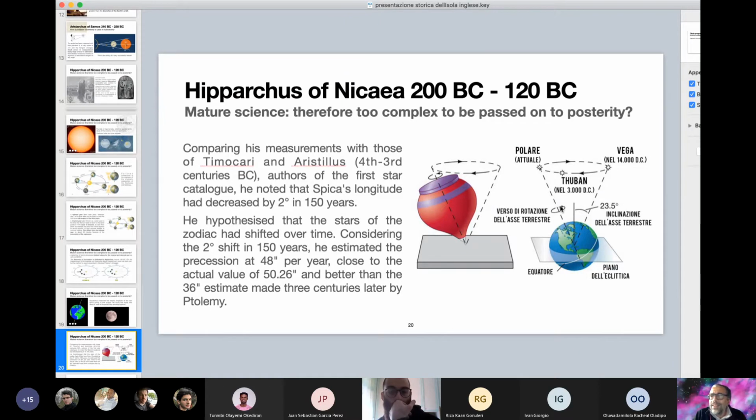Anyway, the axis of rotation of the Earth moves, and it points nowadays towards the polar star. In the 14th century after Christ, it points towards Vega.